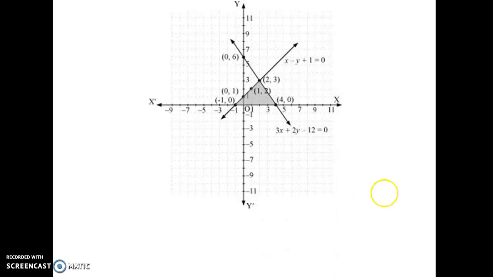If you plot it, you can see this is the line of the linear equation x minus y plus 1. So you have plotted the coordinates. Then this is the line for the equation 3x plus 2y minus 12 equal to 0.